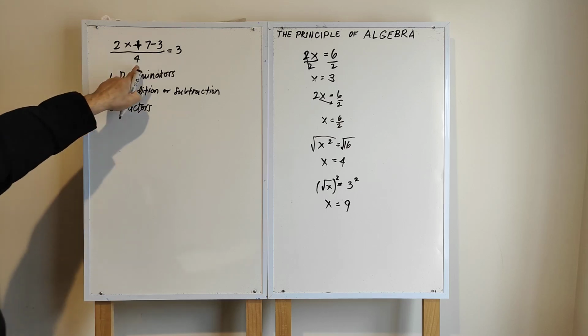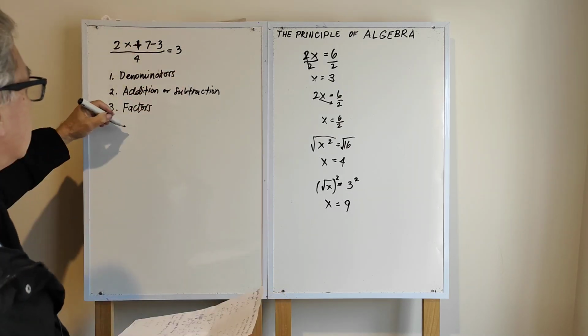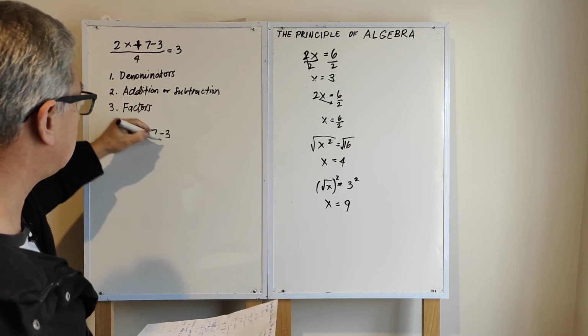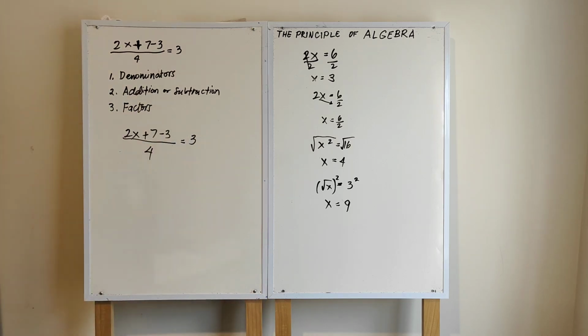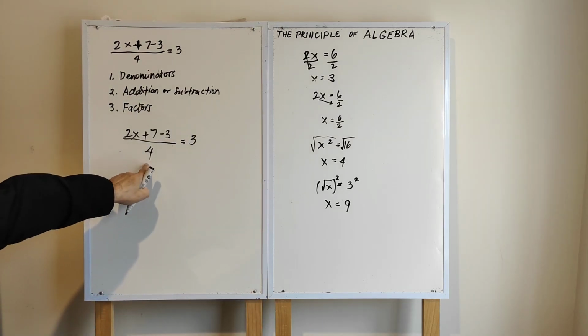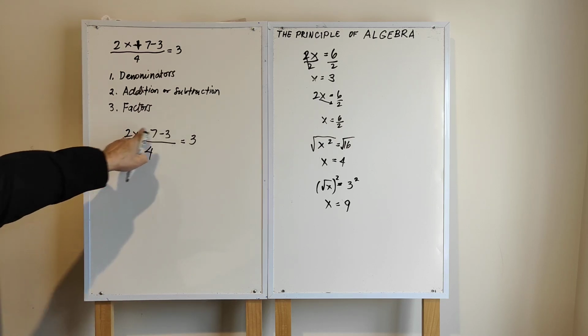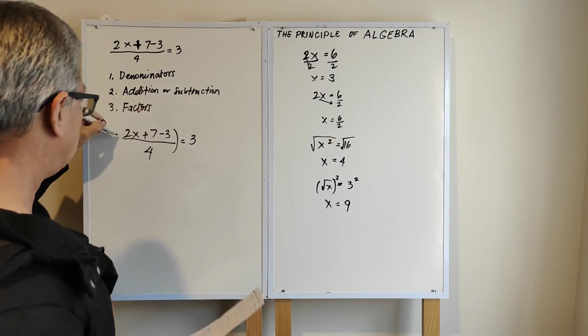So first, we need to remove 4 because that's the denominator in this equation. I'll just rewrite it. 2x plus 7 minus 3 over 4 is equal to 3. Now, we want to remove 4, and this is division. So, this is divided by this one. So, the opposite of division is multiplication.